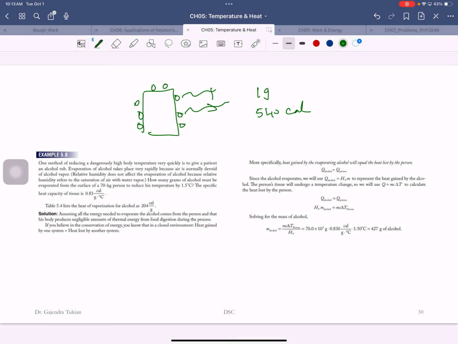Alcohol rub. Okay, why do we do an alcohol rub? There's no alcohol in the atmosphere. You want something that will evaporate fast, and there's zero alcohol in the atmosphere. So you give them an alcohol rub, and the alcohol will evaporate.